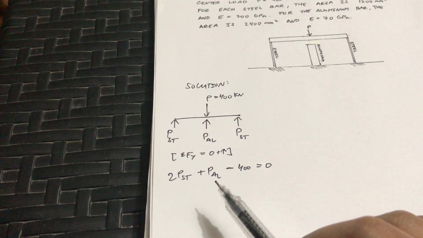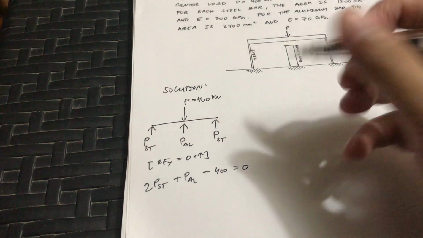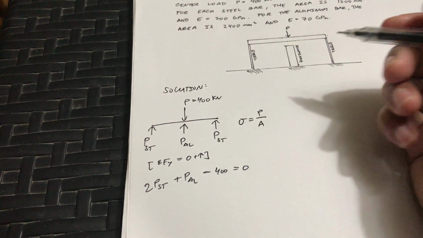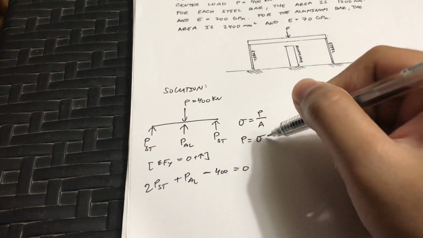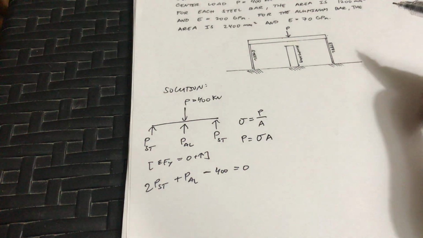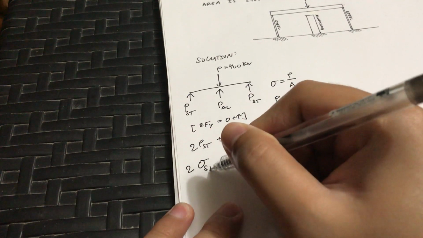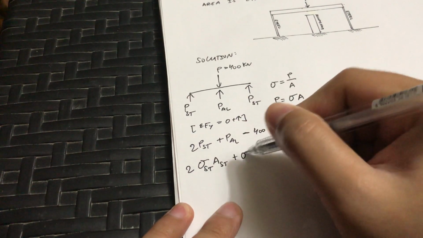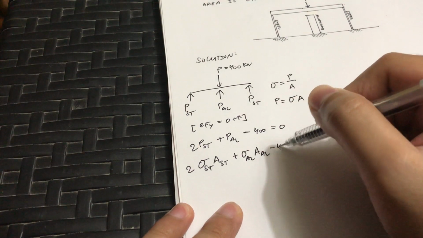The problem also asks for stress. We know that stress is simply P over A. Rearranging, we would get P is equal to stress times the area. So substituting it here, we have 2 times the stress of the steel times the area of the steel plus the stress of the aluminum times the area of the aluminum minus 400.